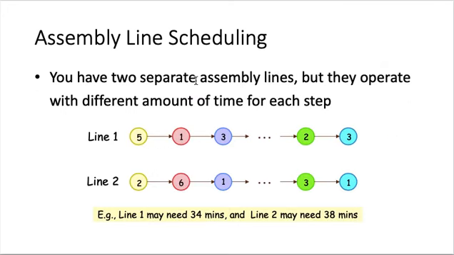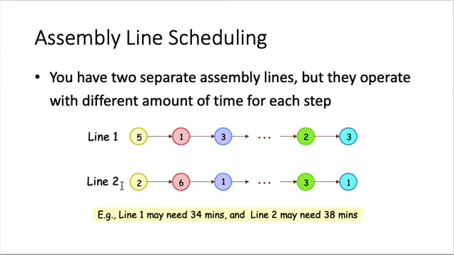Now, your company is big, and actually you have 2 different factory lines for helping you to do this assembly. So there is line 1 and there is line 2. But then these 2 different lines are located at different places, and then they operate with different amounts of time for each step. So for instance, for the first line, the first step, it may take 5 units of time, and then the next one, it takes 1 unit of time, and so on and so forth.